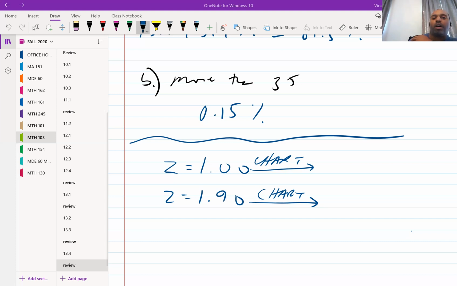So let me make sure I'm looking at the right problem. We're talking about between, right? Yep. So we have 1.00 and 1.9. Now, if it's just 1, then remember all your z-scores have to go to 2 decimal places. That's why we have 1.00. So we go to the chart, the chart that I have in both cases.